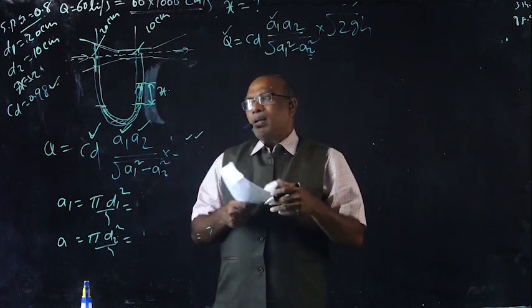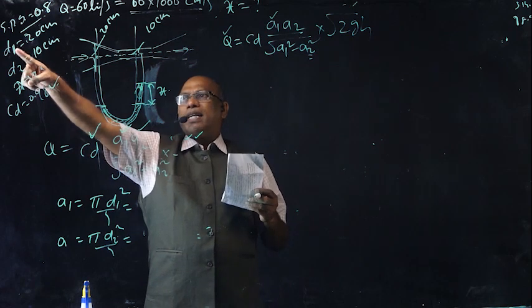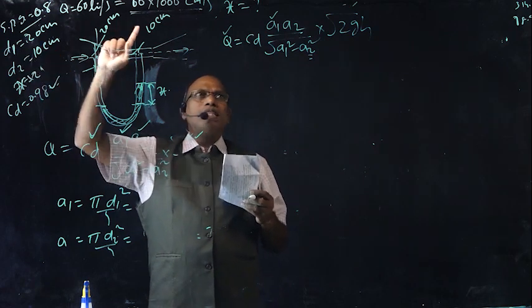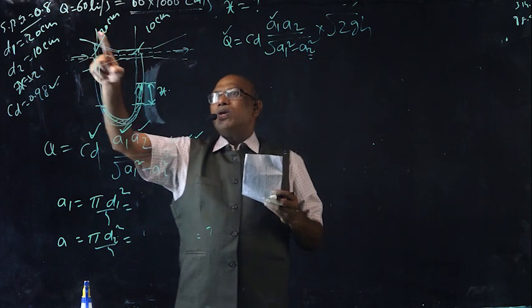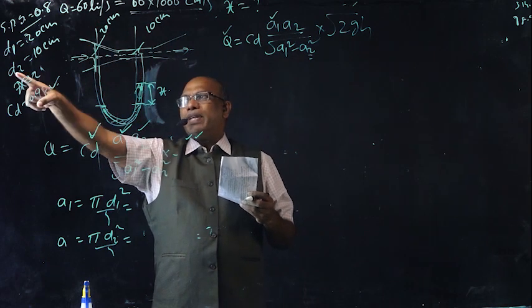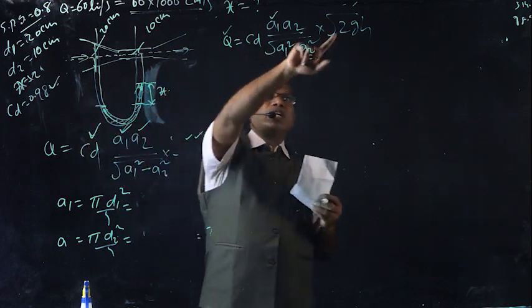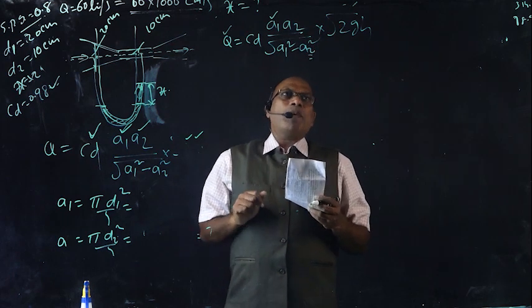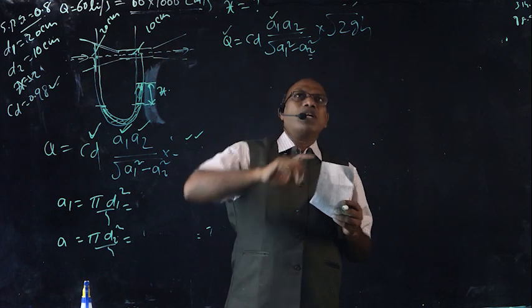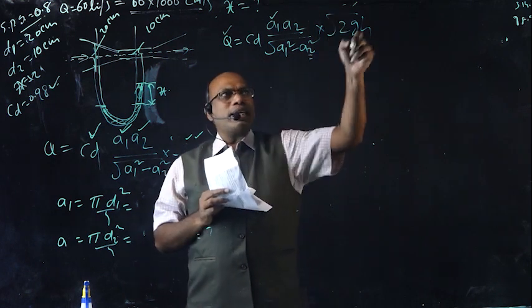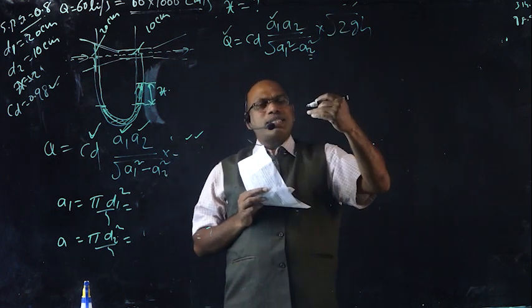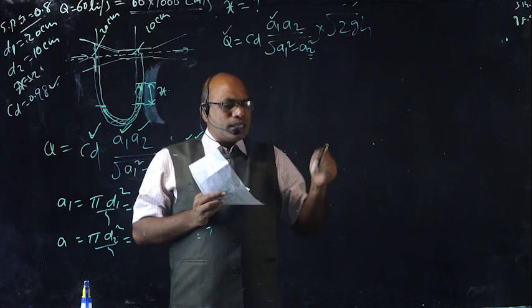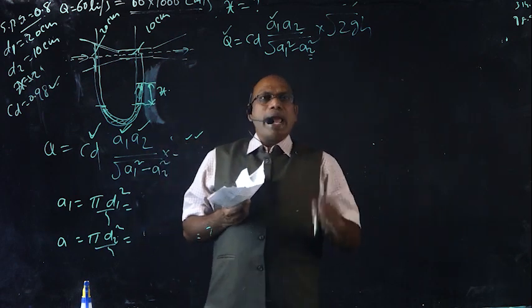Area A1 we are going to determine based on the inlet diameter D1 equal to 20 centimeters. A2 also we are going to determine based on the throat diameter, that is 10 centimeters. 2 is known to you, G is also known to us, that is 9.81. And H we are going to determine by using this entire equation. Once we know the H, then we are going to determine the X value.